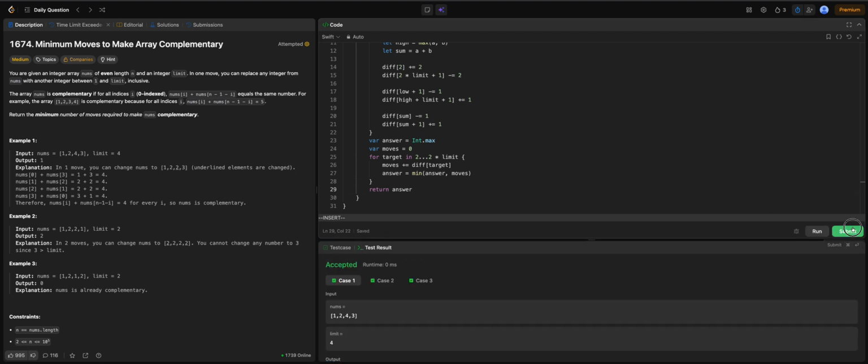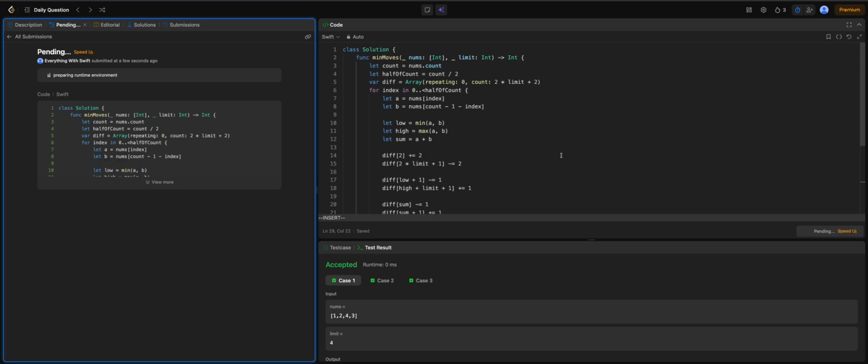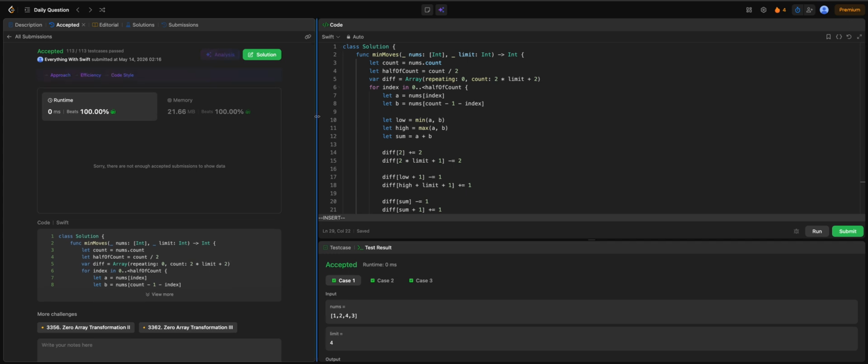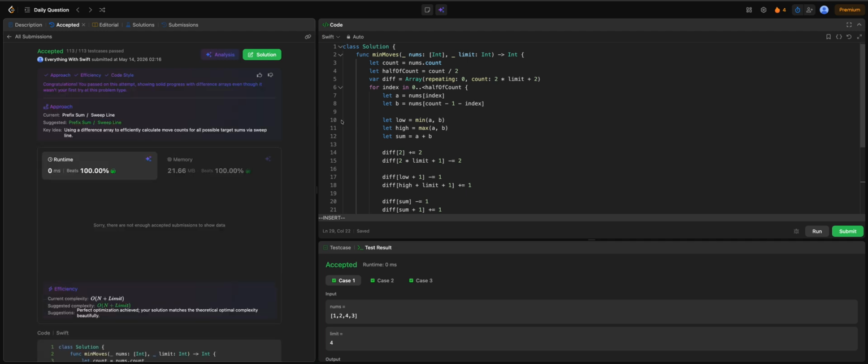Alright, if we try to submit it, I think that will be O of n. Let's check together. It is supposed to be easy and straightforward if I explain the optimized version directly, but it is good to know what the thinking process is from the iteration and brute force, and then we do the optimization and it becomes O of n plus limit, because we have an addition of limit here.